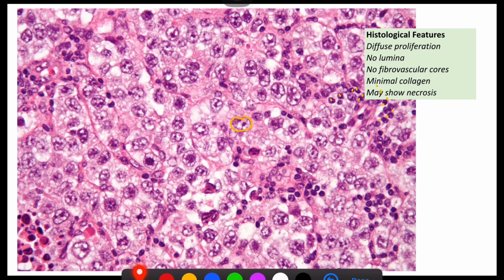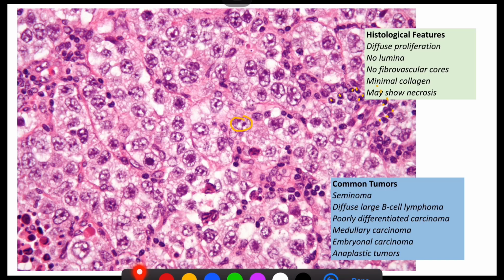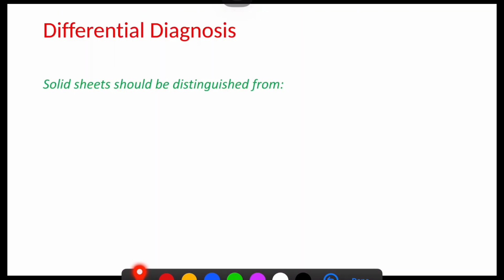So diffuse proliferation, no lumina, no fibrovascular core, minimal collagen and may show necrosis. Common tumors are seminoma, diffuse large B cell lymphoma, poorly differentiated carcinoma, medullary carcinoma, embryonal carcinoma or anaplastic tumors, right? In which you will identify solid sheet pattern.